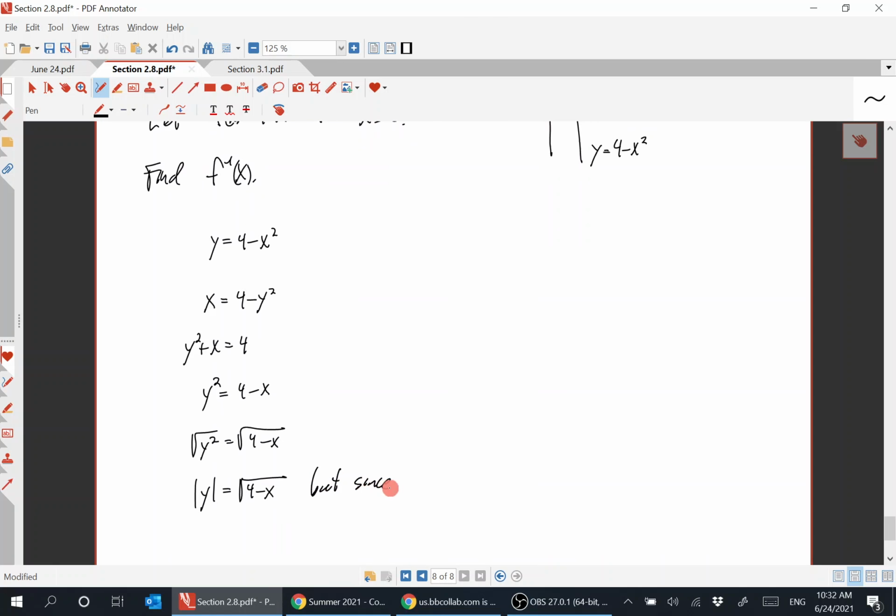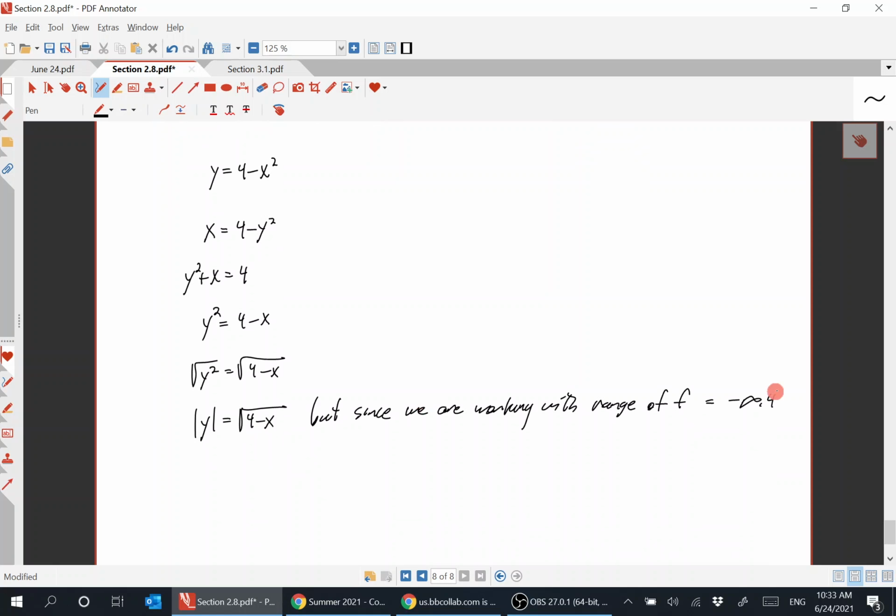Since the range of f is minus infinity to 4, we know that we're looking at the positive square root of 4 minus x.